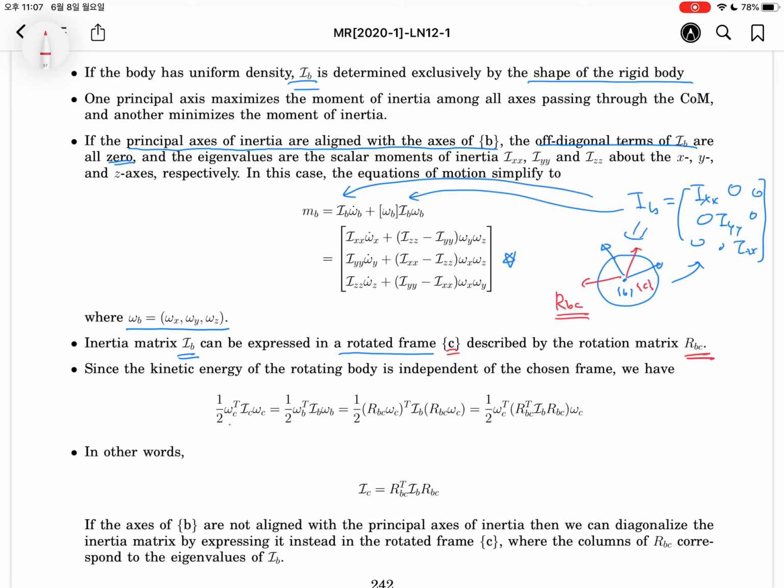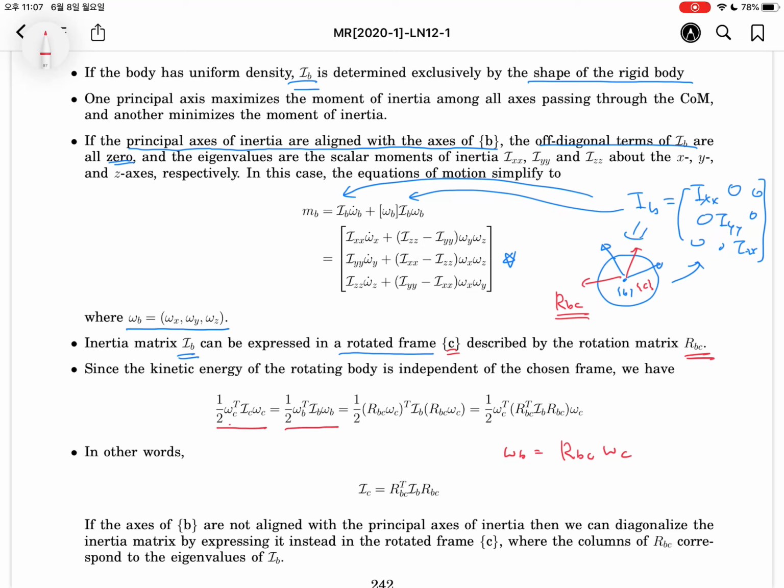So the rotational energy in terms of the C frame and in terms of the B frame are the same as a scalar value. Here the omega b can be written using the rotation matrix RBC times omega c.